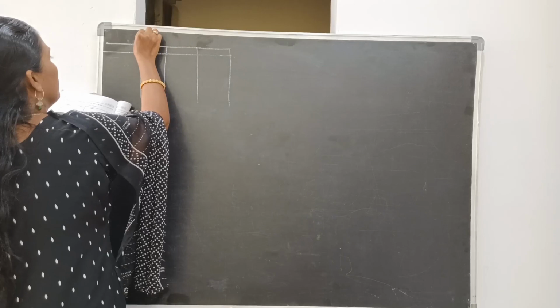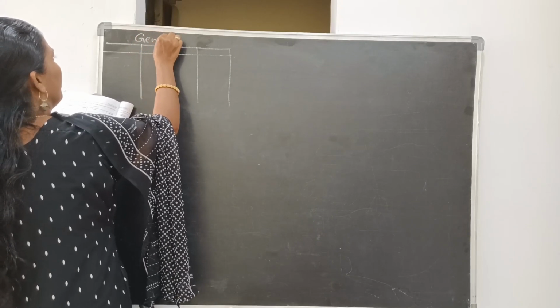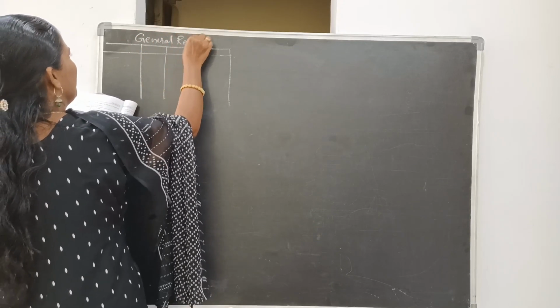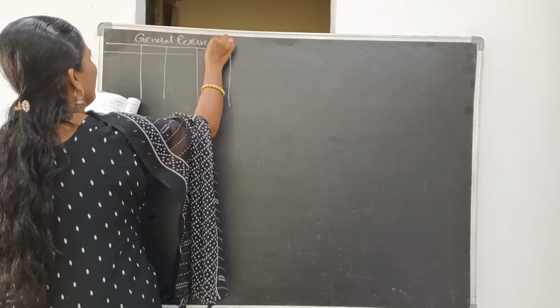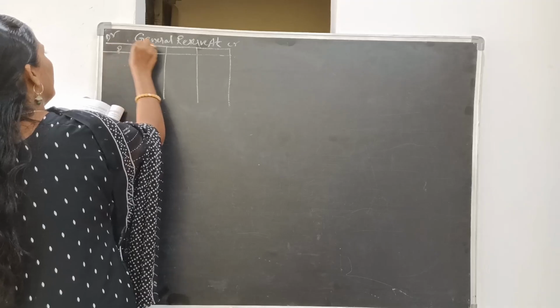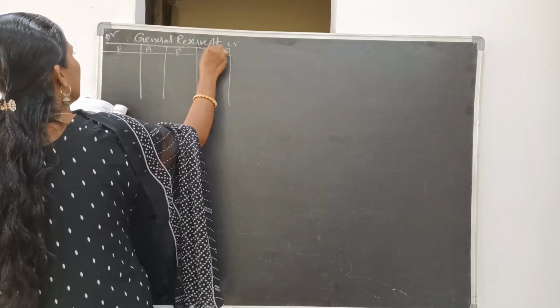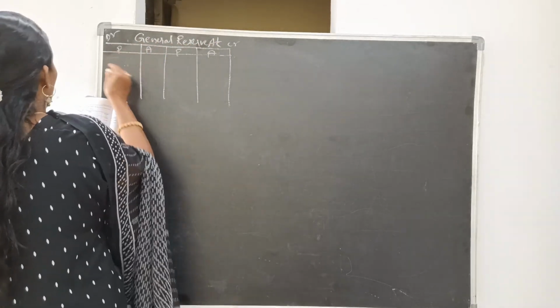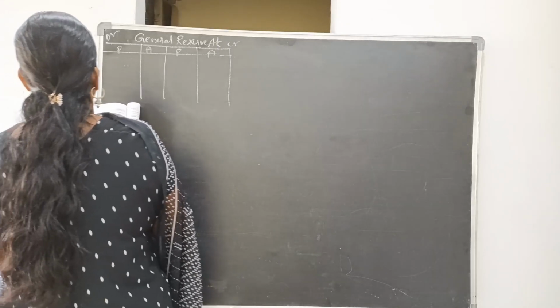So first we'll start with the general reserve. Write down the heading general reserve account. This is the credit side and this is the debit side, and particulars, amount. So the general reserve we are going to distribute among the partners Ganga and Yamuna.